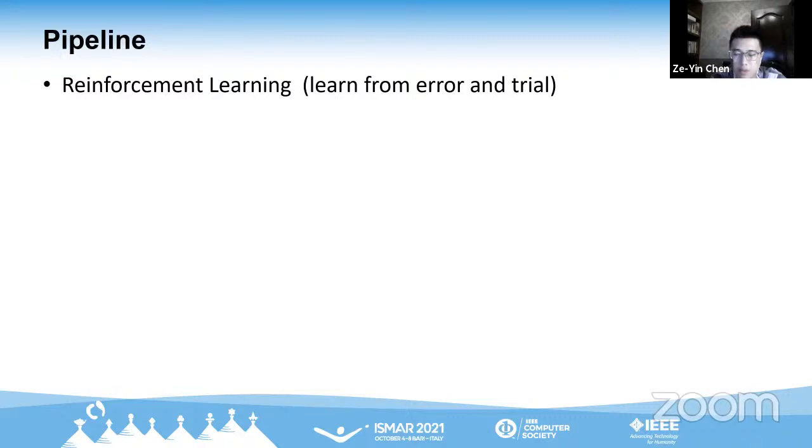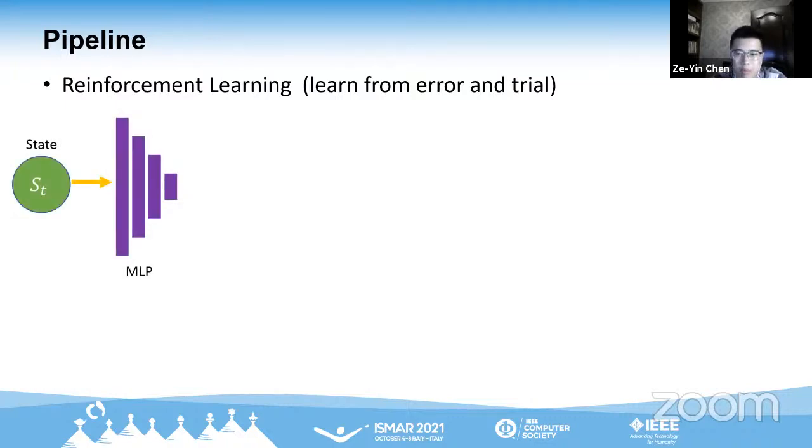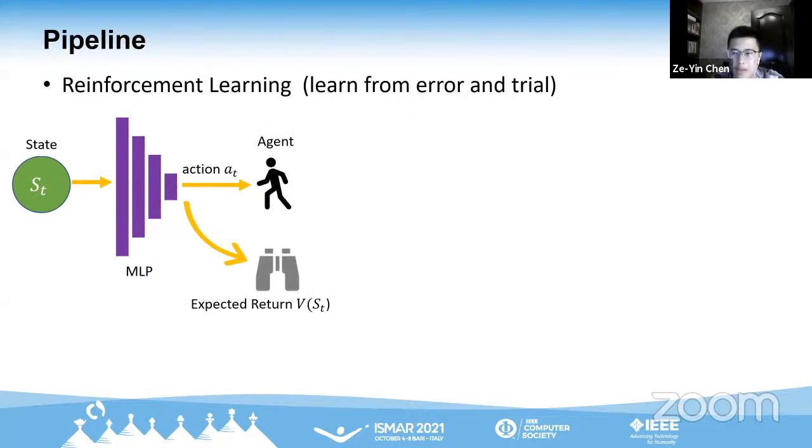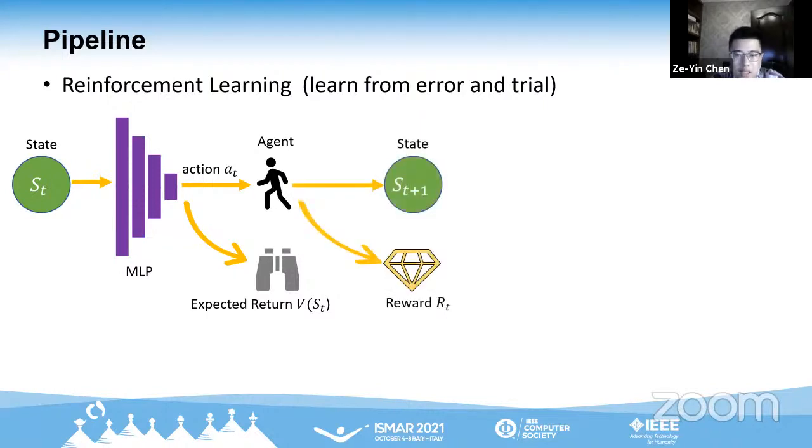The core of reinforcement learning is to let a virtual agent learn the optimal policy through trial and error. First, we input the current state S_T into the multilayer perceptron to obtain the current action A_T, while the multilayer perceptron predicts the corresponding expected return V(S_T) based on the current state. The agent gets the next state S_T+1 after executing the action A_T, and calculates the reward R_T according to the reward function.